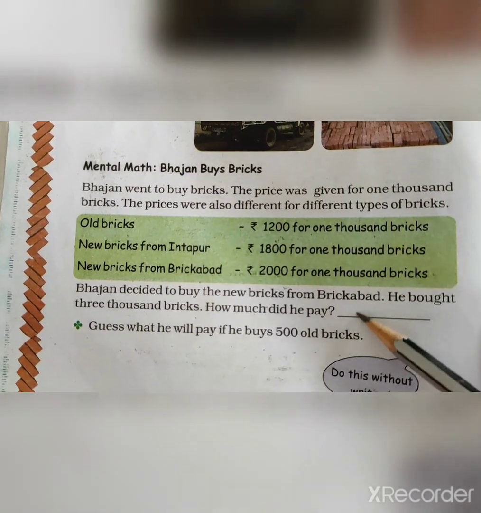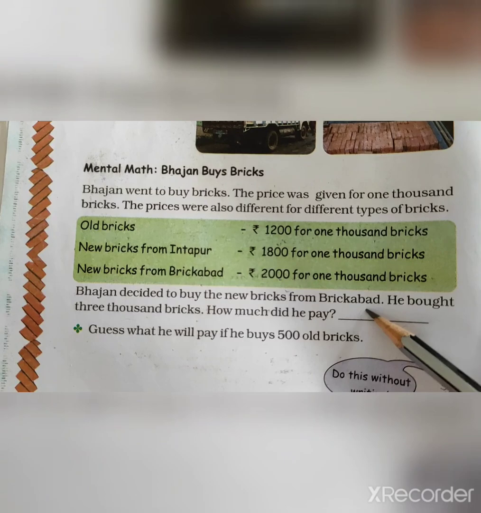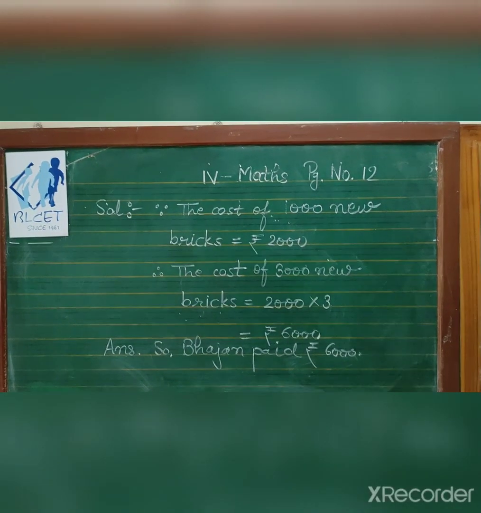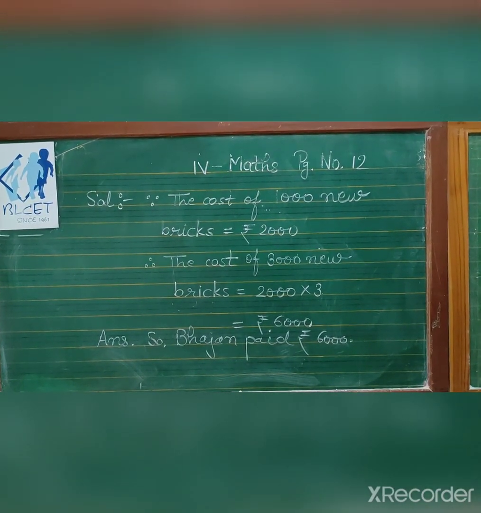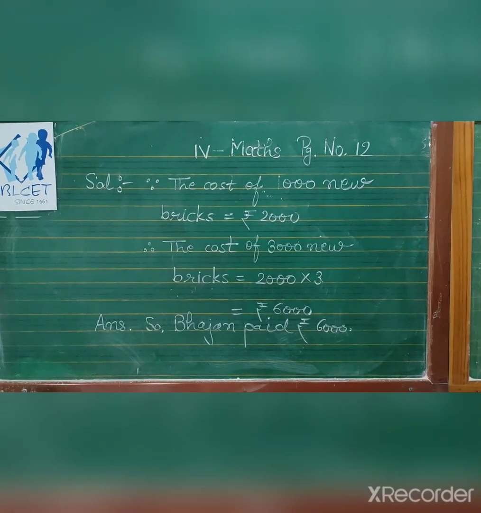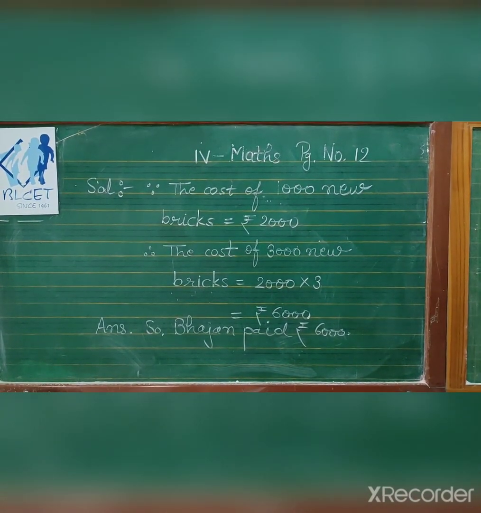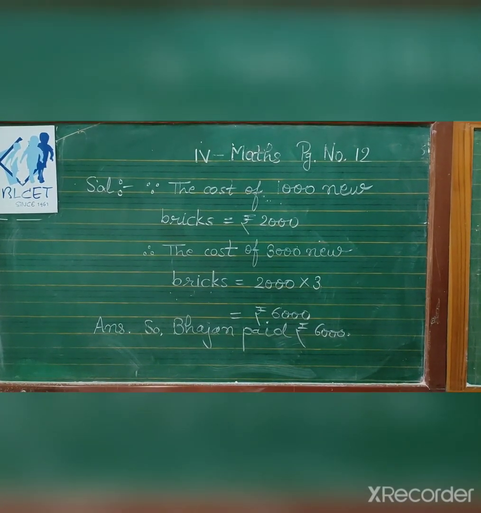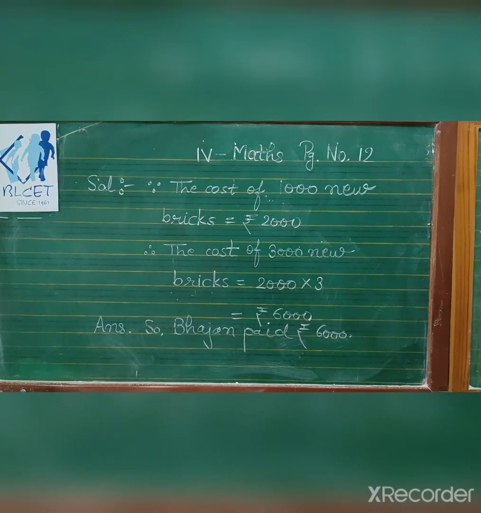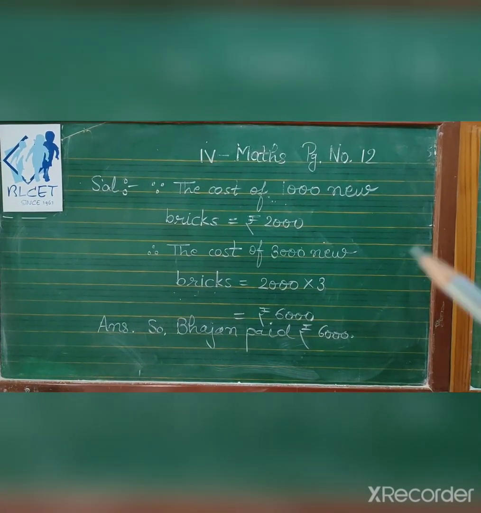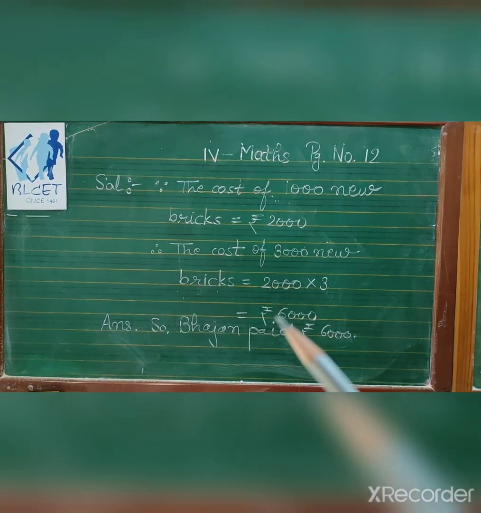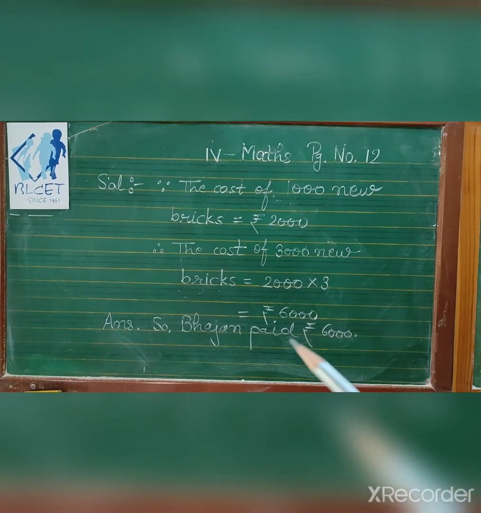Now I will give you the solution of these two sums on the green board. Now see the solution of the given question. The cost of 1000 new bricks he purchased from Brickabad. Here Itapur is also given in the textbook, but Bhajan is purchasing the bricks from Brickabad. So for Brickabad, the cost of 1000 new bricks is equal to rupees 2000. Then the cost of 3000 new bricks is equal to 2000 into 3, that is rupees 6000.